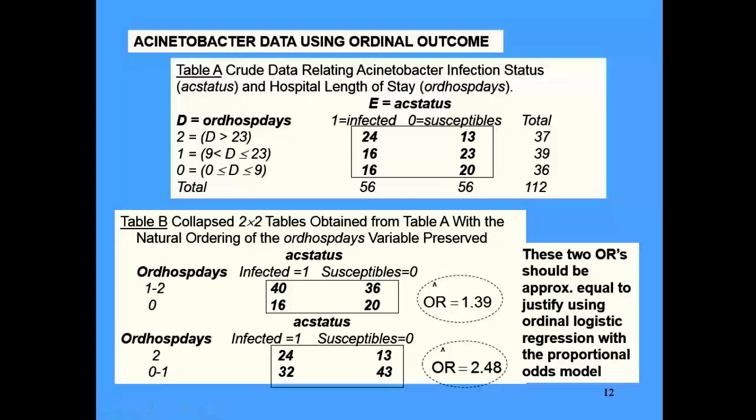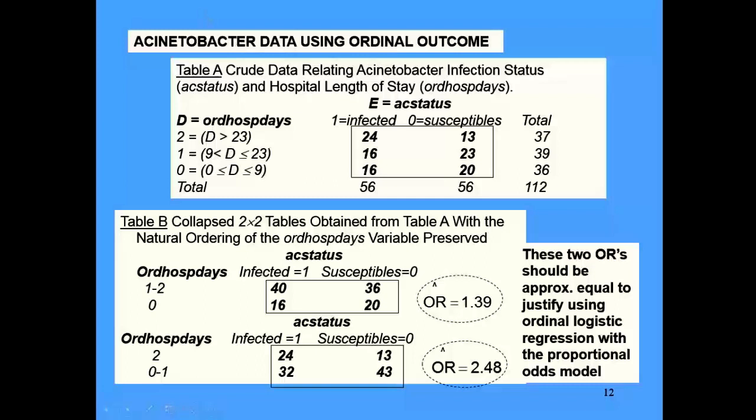Right? And then I've left the last row here. So what I've done is combined 1 and 2 and compared it to 0. What's this table? It's 2, that's 24 and 13, and I've combined 0 and 1, 32 and 43. That's what I've done to get these 2 tables.